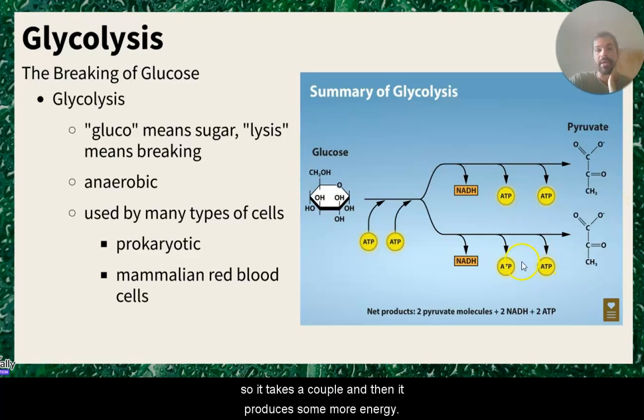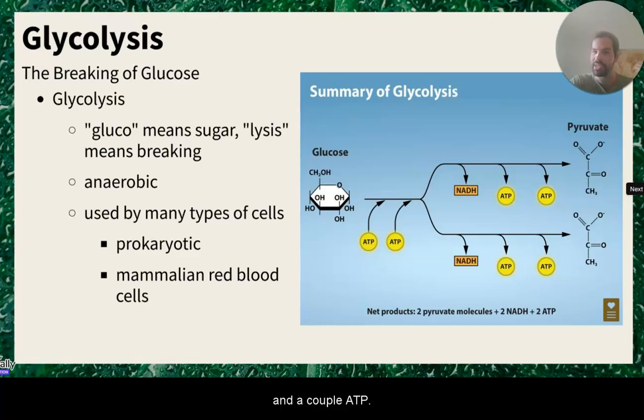So it takes a couple, and then it produces some more energy. And at the very end of it, you have two pyruvate molecules, which you see are each 3 carbons versus glucose, which was 6 carbons to start. So two 3-carbon pyruvates. And you net a couple of NADH and a couple of ATP.